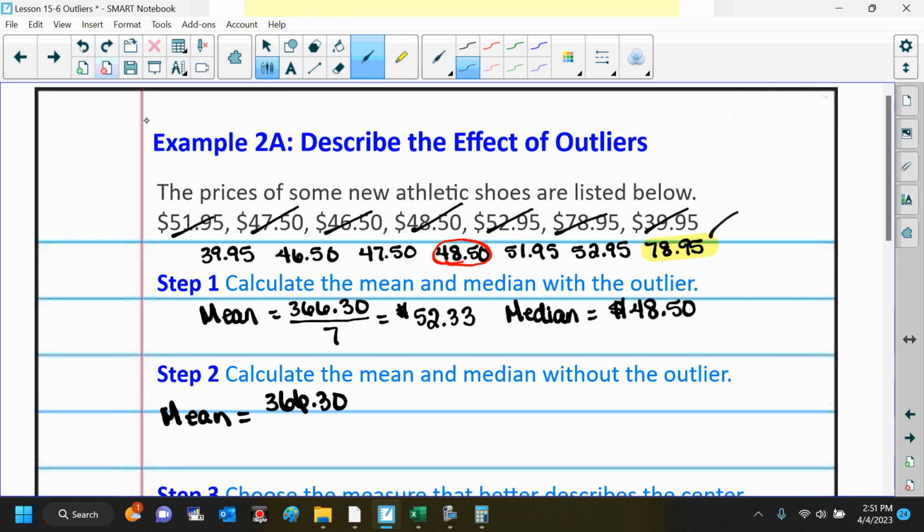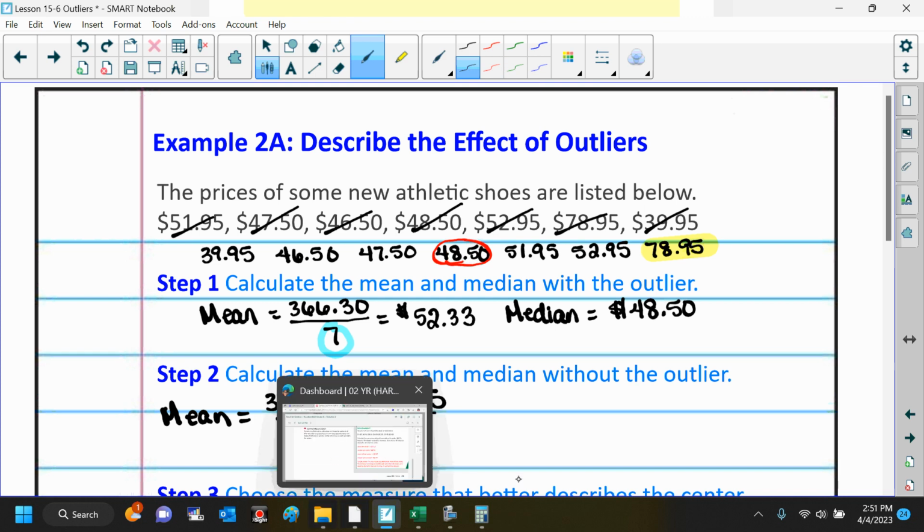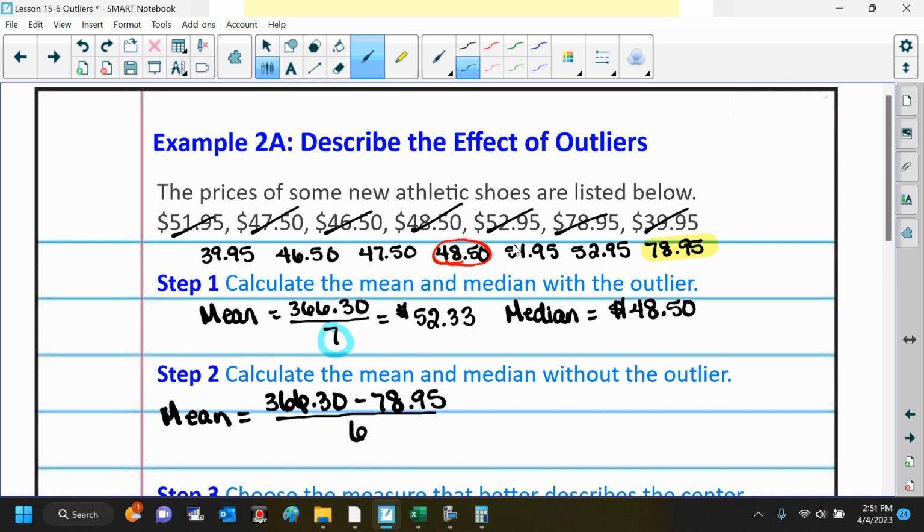So I'm going to go ahead and subtract $78.95. And now, since I'm taking out one of the data items, I'm no longer going to divide by 7. Now I'm only dividing by 6. Okay?